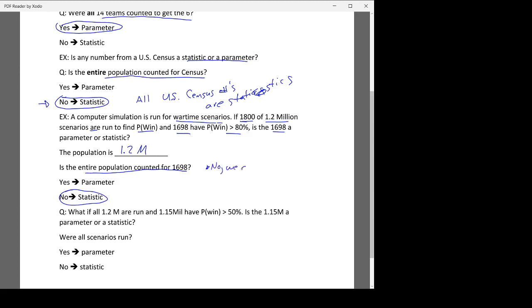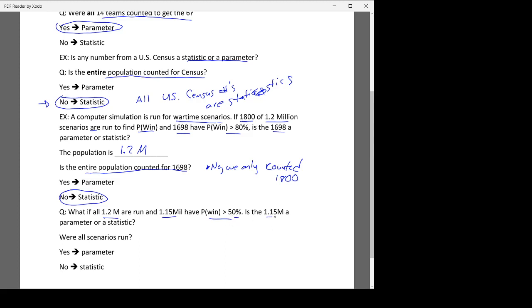The answer here is no. We only counted or ran 1,800, or looked at 1,800. So what if you did run all 1.2 million scenarios and 1.15 million have P-win greater than, say, 50%? That's a big number in defense, by the way. They'll bid for contracts if they think their P-win is 50% or more.